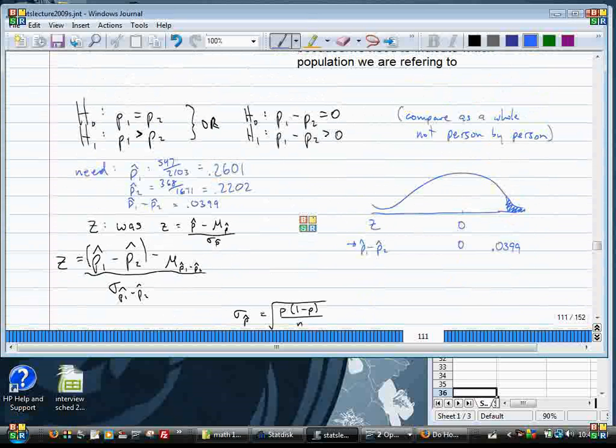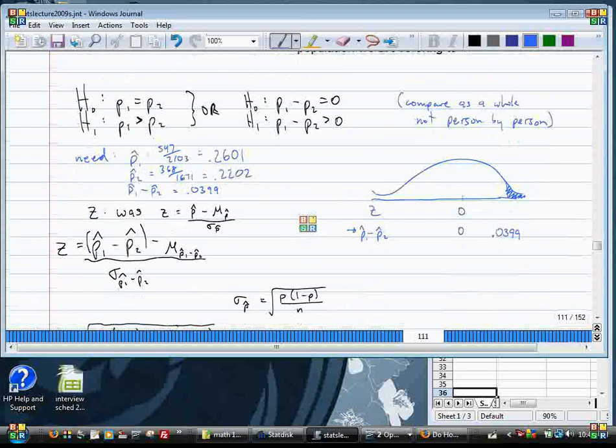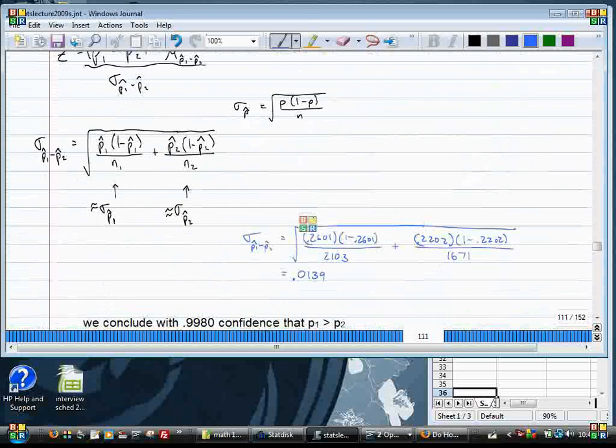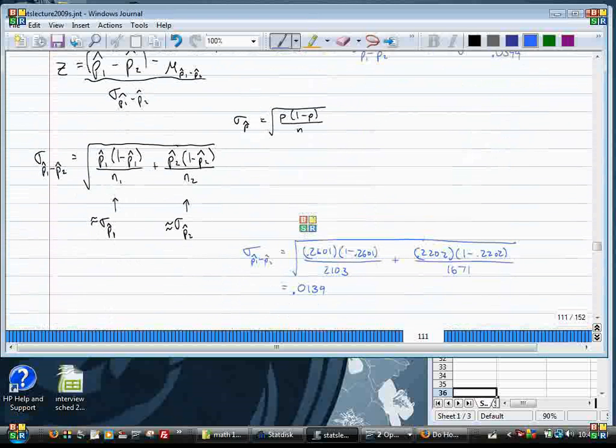P1 hat minus P2 hat was 0.0399, the mu was 0, and the standard deviation, we just found it. It was 0.0139. So z equals 0.0399 minus 0 over 0.0139, and that works out to 2.8705.